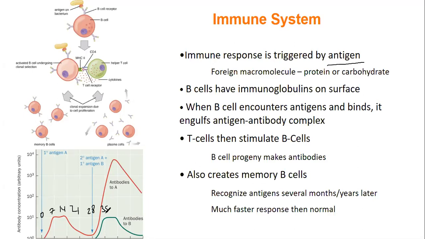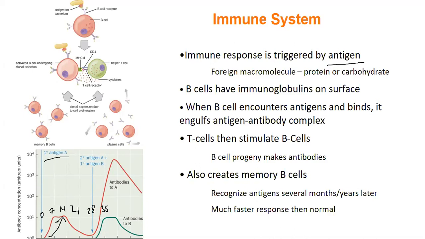Eventually, or hopefully eventually, you'll create an antibody that will be able to attack this antigen. The amount of antibodies will skyrocket as you keep making more and more to attack this antigen.